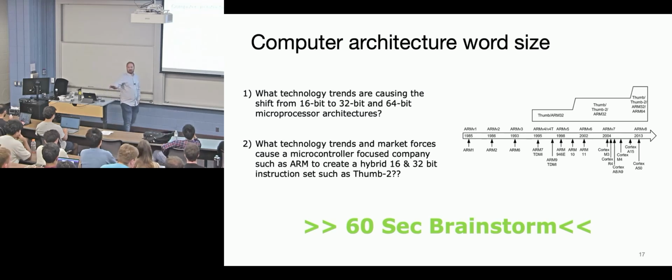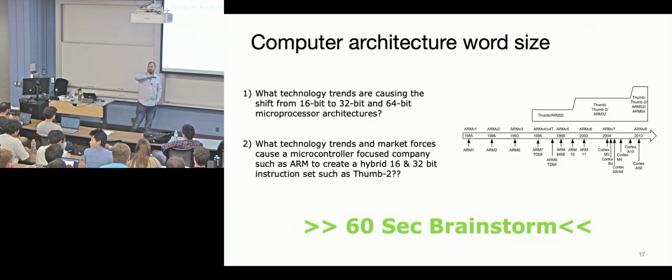All right, so let's answer the first question. If we think about just desktop application processors, for example, what has caused a shift from like 32 to 64? Why did the industry do this? Memory is getting a lot cheaper, and so with the 64-bit, you can access a lot more memory. Correct. And why is that? What's the key idea?